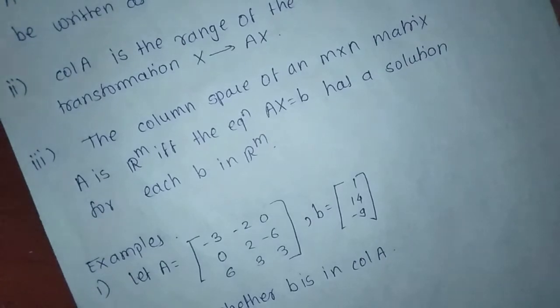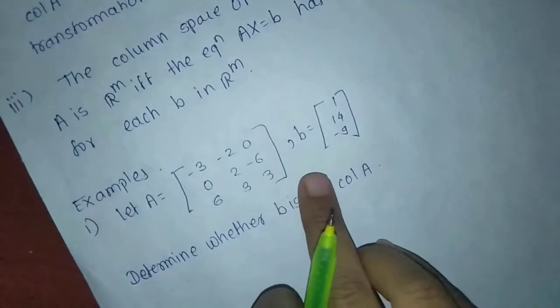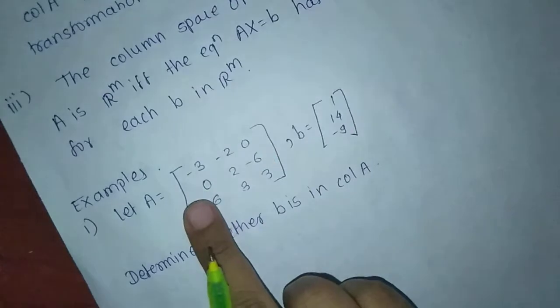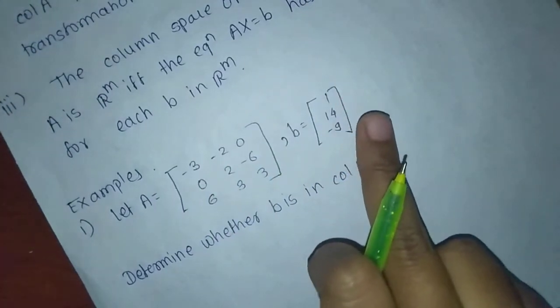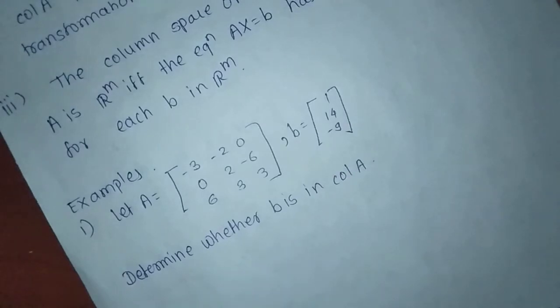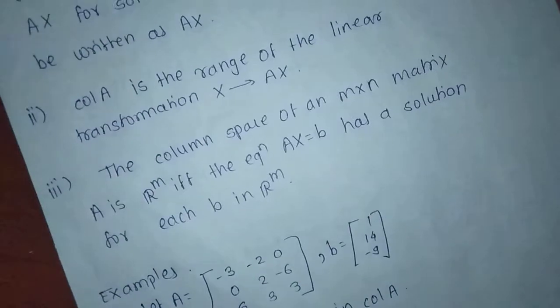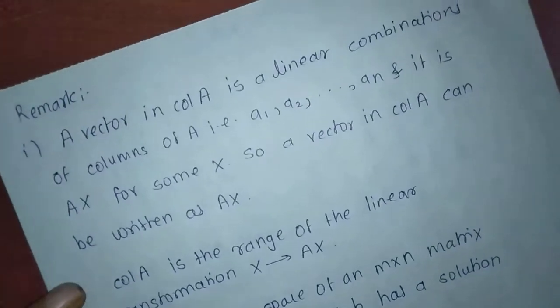Next example, let A equal to the 3 by 3 matrix -3, -2, 0, 0, 2, -6, 6, 3, 3 and B equal to 1, 14, -9. Determine whether B is in column space of A. Now, recall first remark.